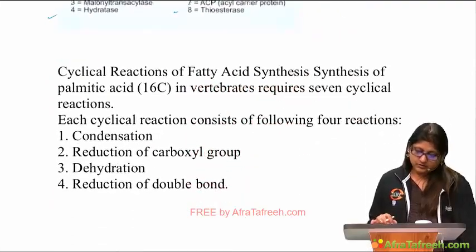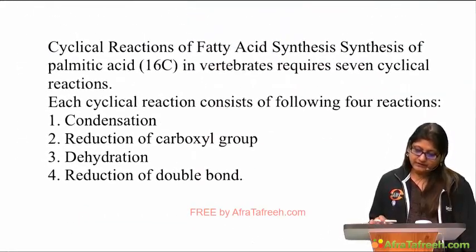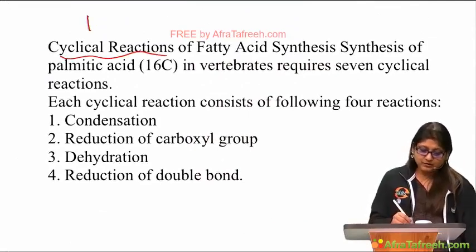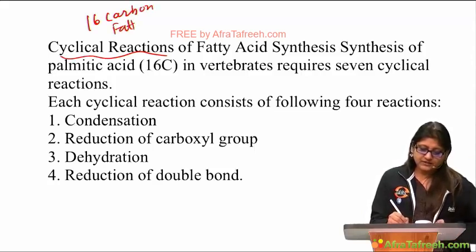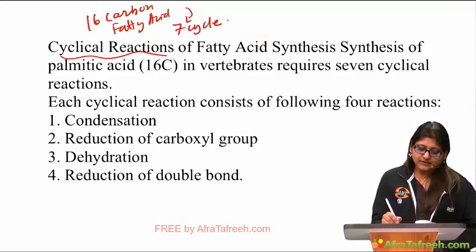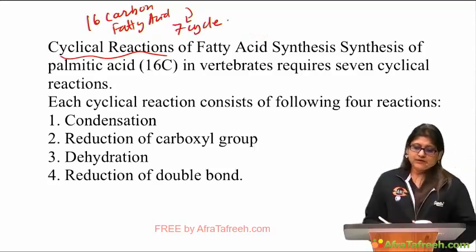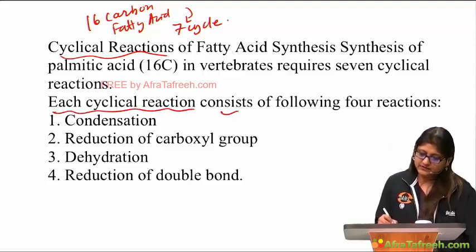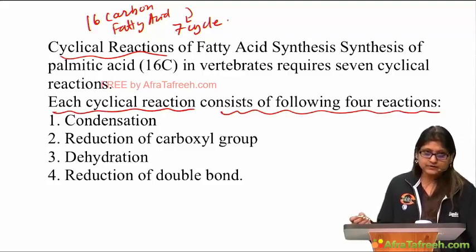Very good. Now, whenever we are talking about synthesis of fatty acid, it's a cyclical process. For making of a 16 carbon fatty acid, you need to have 7 cycles of reaction, and each cycle consists of the following 4 reactions.